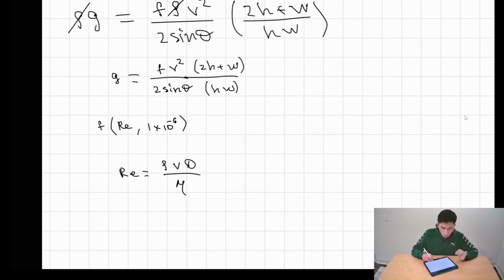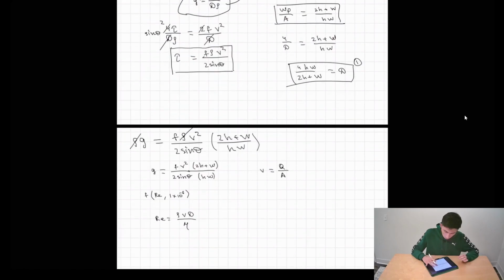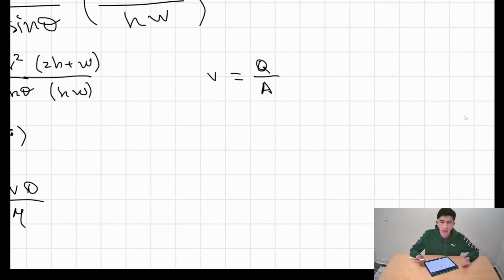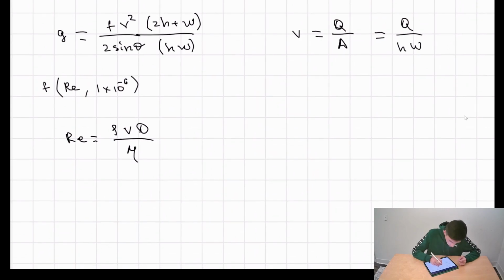And the problem with the velocity is, we know that the velocity is equal to the flow rate over the cross-sectional area, right? Because we're given the flow rate of the water. The cross-sectional area in our problem is the height times the width, so we can just replace it in our equation.